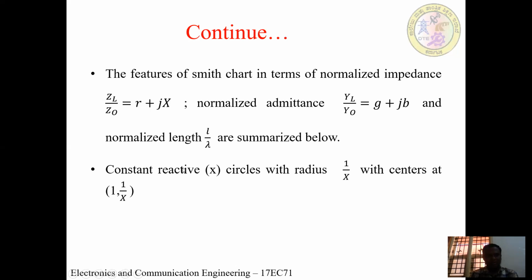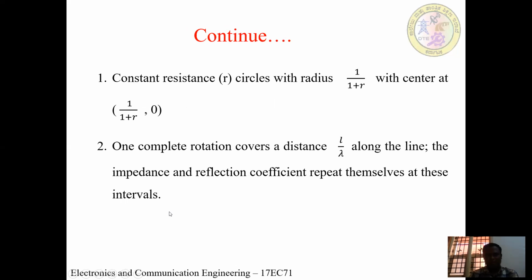The constant reactance X circles have radius 1 by X with centers at (1, 1 by X). So the radius is 1 by X, and this point becomes the center for the circle.